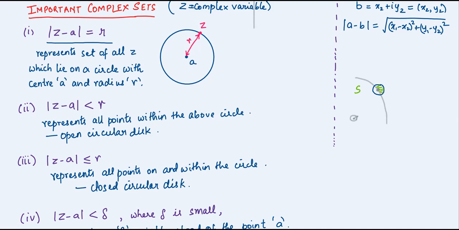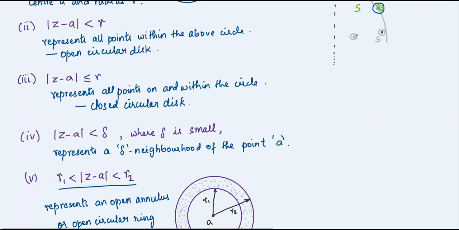Whereas if we take a point as close to the circumference as possible, still we will have at least one, or many, you can say, you will get a neighborhood which completely belongs to S. So that is what is called an open set.